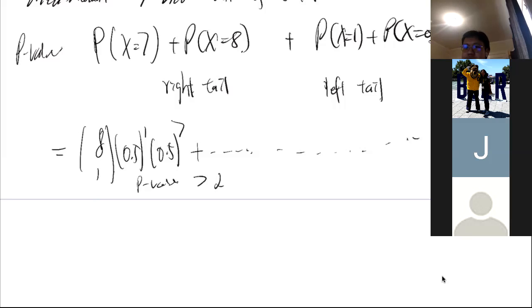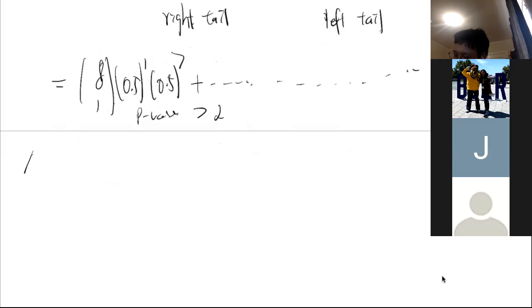And then we will move forward to the t-test. But before we do anything about the t-test, let's do some review on the gamma function. The gamma function is pretty independent of the t-test itself.